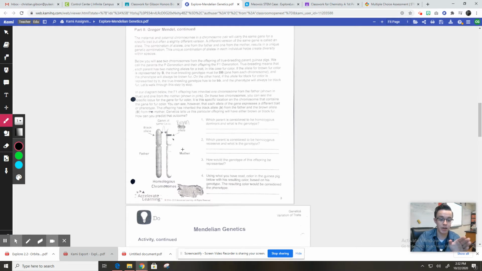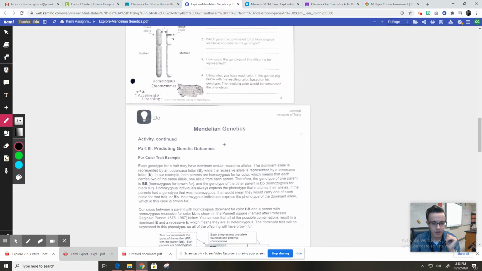So this is paternal and maternal DNA here. And here you can see the gene for black fur color and the gene for brown fur color. And it gives you a scenario, and you have to say which parent is homozygous dominant, which parent is homozygous recessive, and all that stuff, okay? You're going to answer those.